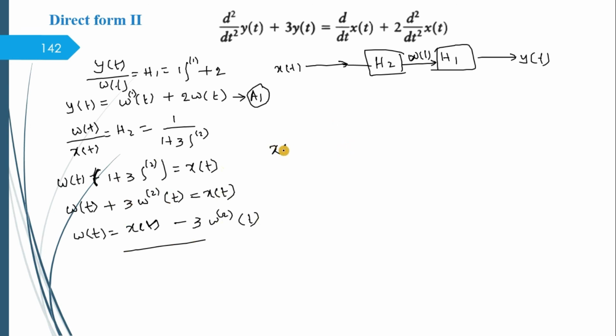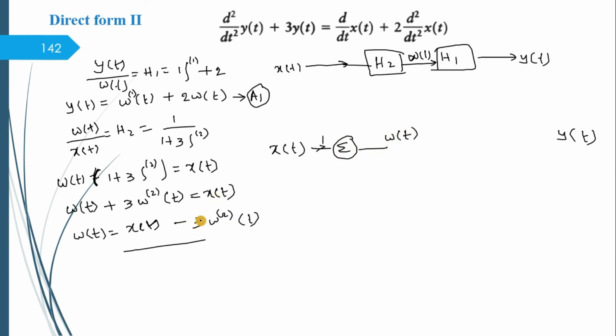So direct form 2 is x of t on the left hand side, y of t on the right hand side. So x of t with amplitude 1 should be added with w of t, but not w of t.